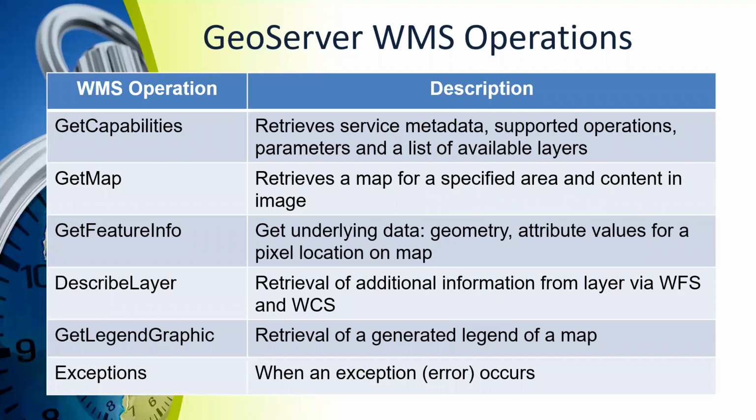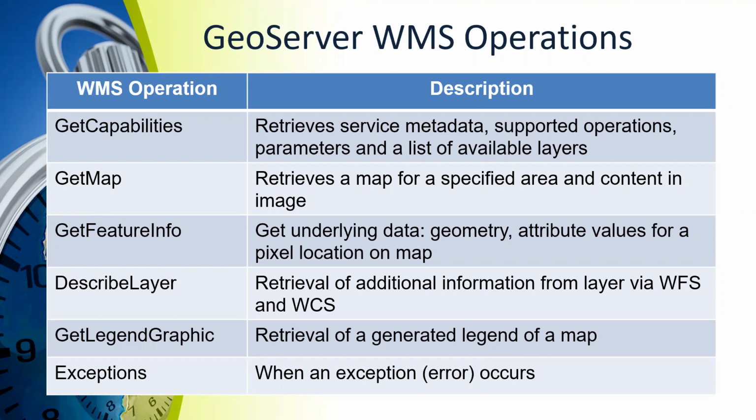Let's briefly look at these WMS operations, specifically for GeoServer. We have an operation that we had also looked at yesterday, though only briefly, and it is called GetCapabilities. Basically, what it does is retrieve the service metadata. What services does GeoServer offer?